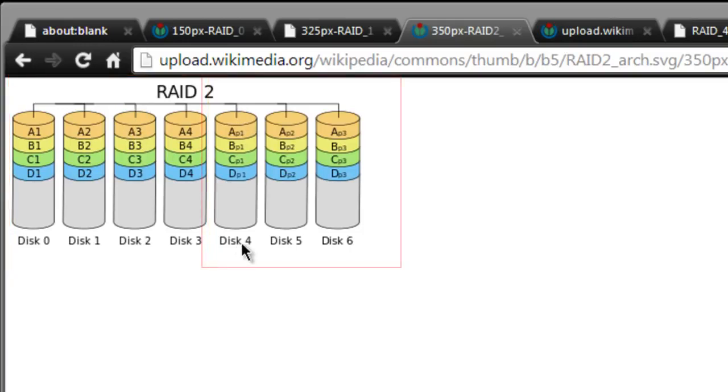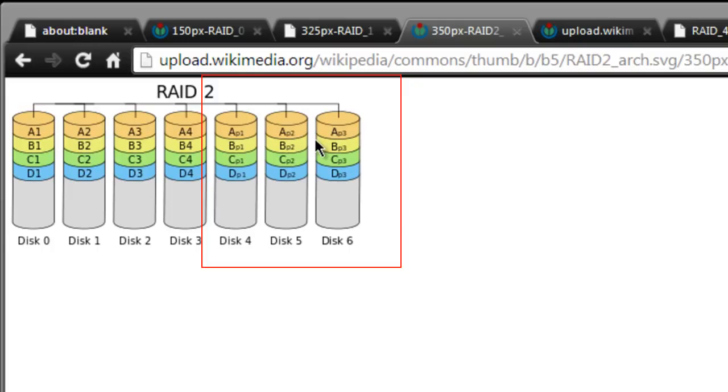We also have 3 dedicated drives for error correction. So when data is written, it will calculate the error correction code, also known as Hamming code, or ECC, and it will then write it to these disks.